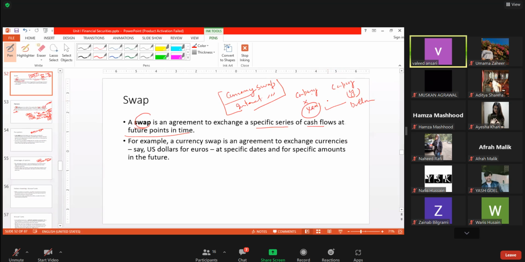Why do they do it? Because this company has an advantage, maybe it is Japanese and its rating is high in that particular market. Therefore swap arrangements are driven by competitive advantage. Some companies have a competitive advantage in raising funds in a particular currency, and any such swapping takes place only because it is advantageous to both the parties.